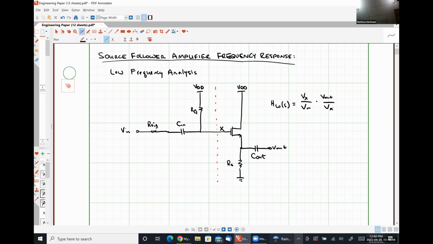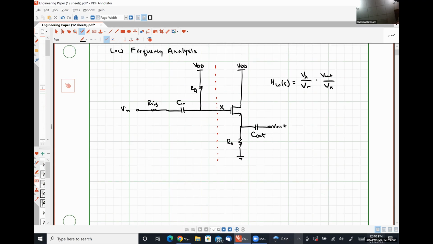Okay. So our transfer function for our voltage divider, we're going to have Vx is equal to Vn times stuff. And Vx is effectively just going to be the voltage drop over our resistor RG, as we're going to treat VDD as AC ground in our small signal analysis, right?